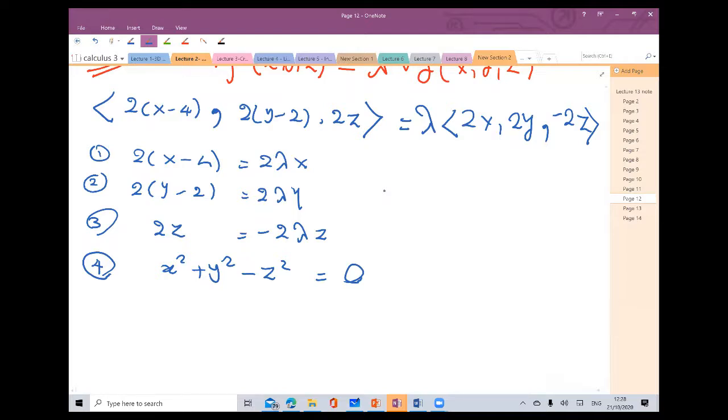How are we going to solve it, best way? برضو if you divide it by x, y, or z, you should mention that you're taking the case where x, y, and z is not equal to 0.